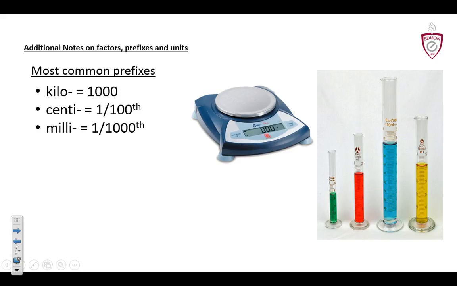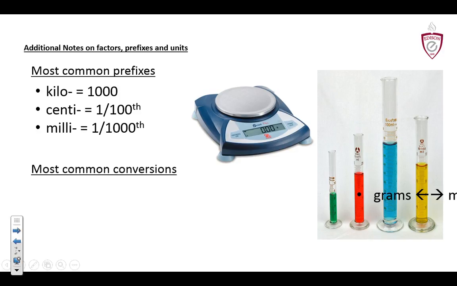Milli is 1/1000th. So a milli dollar would be 1/1000th of a dollar, so small that we don't even use that measurement of currency. We do use it when we're talking about milliliters, though, because a liter contains 1,000 milliliters. So these kind of prefixes and their fractions are all kind of related.